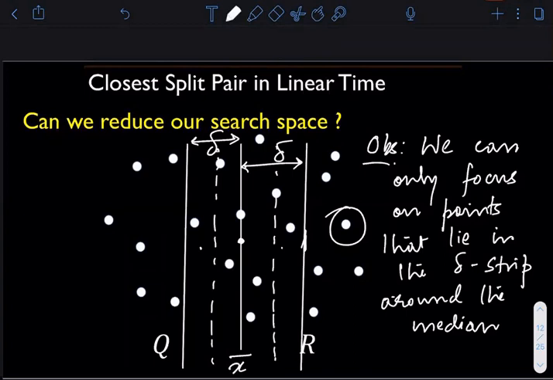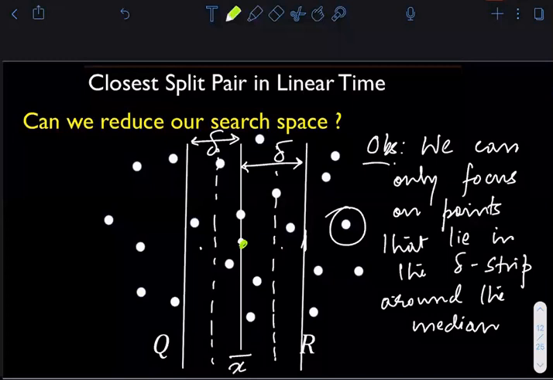So it's not enough to just check delta over 2. Does that answer your question? Maybe the closest pair looks like this. But if you just check in a strip of delta over 2, then you will miss this pair, and you are not going to give the correct answer. So we don't want to miss such pairs.